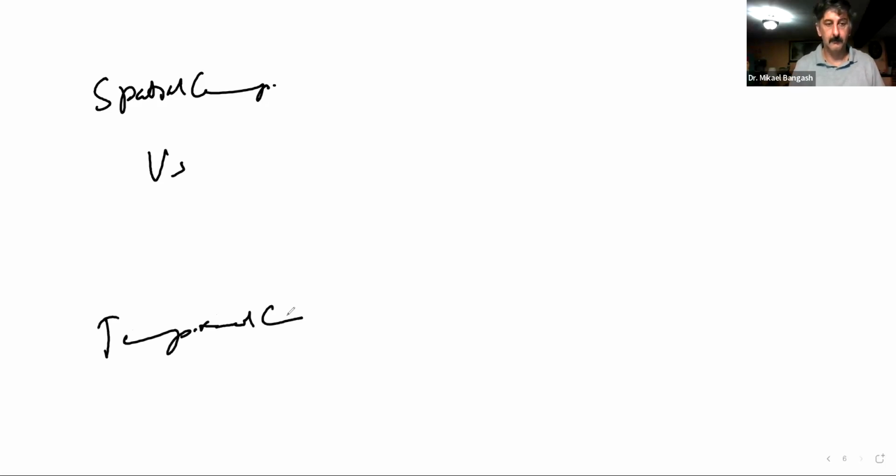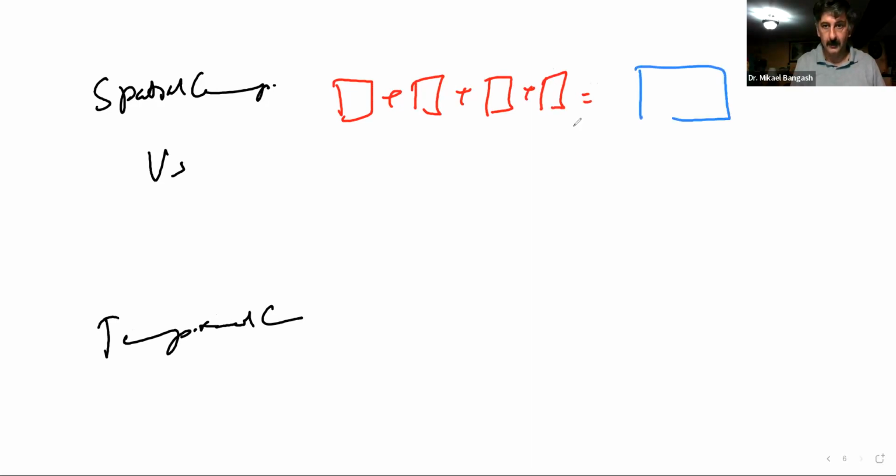Both of these, whether spatial compounding or temporal compounding, are going to just add up multiple frames to produce the compounded image.